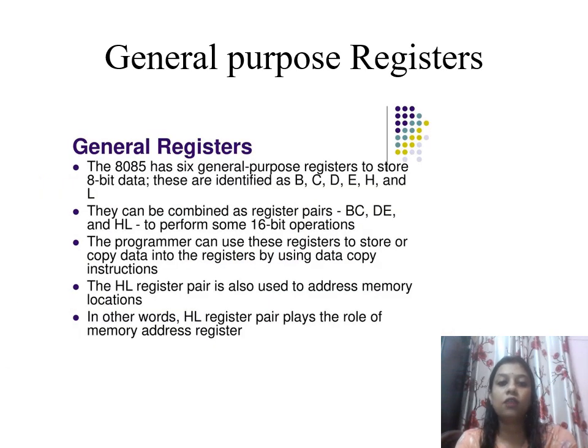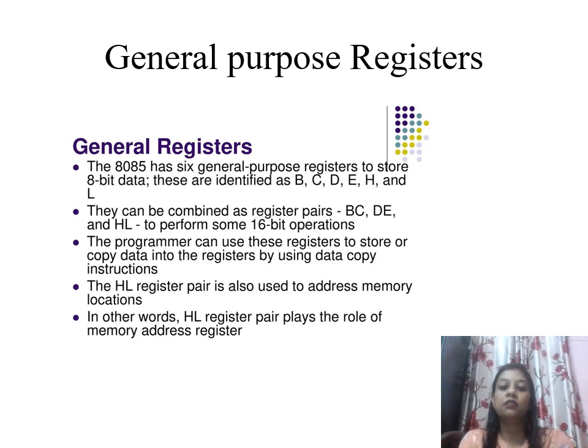So let's talk about first the general purpose registers. In 8085, as I told you earlier, B, C, D, E, H, L are 6 registers which are of 8-bit. We can combine B-C, D-E and H-L to perform any 16-bit operations. The programmers generally use these registers to store data, to copy the data from one register to another.